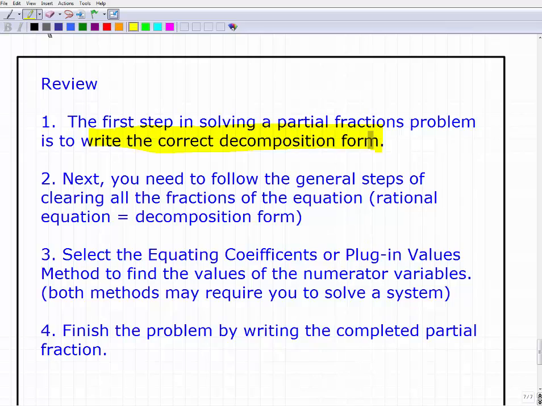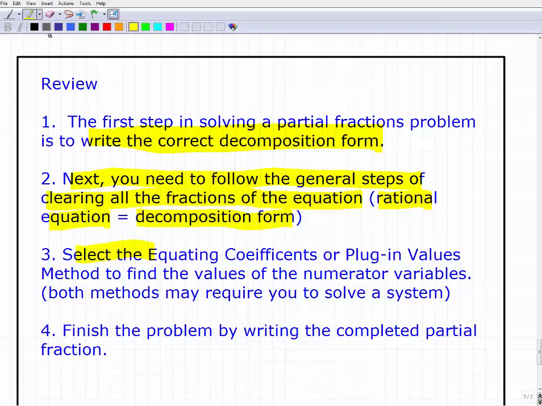All right, so after that, next you're going to need to follow those general steps that we talked about by clearing all the fractions of the equation, and that would be the rational function equaling that decomposition form. After you clear the fractions, remember at that stage you're going to select one method or the other.